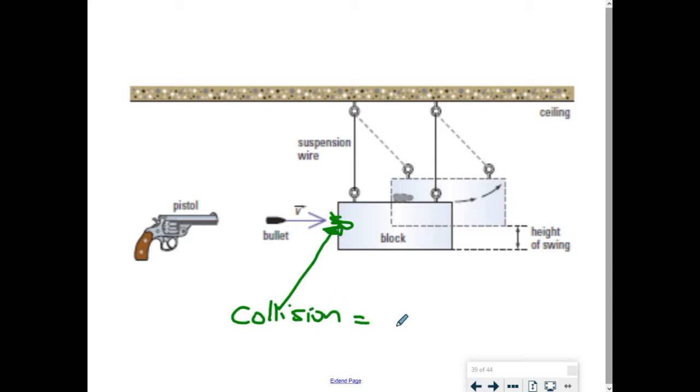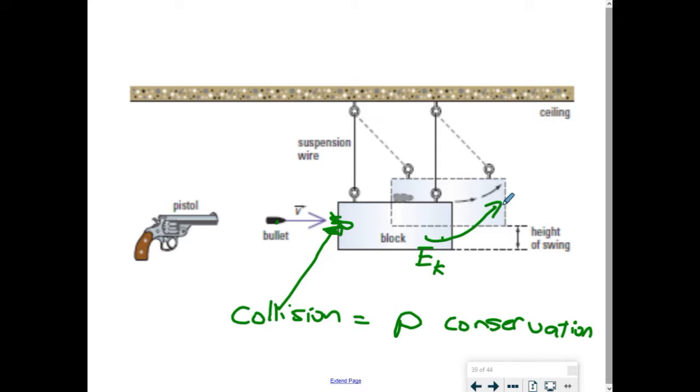Which means we can try to use momentum conservation, assuming it's an isolated system. Is it actually going to be an isolated system? Probably not. But in an ideal world, all of the momentum of the bullet should hopefully travel into the block as well. We can also make a calculation based on the block itself. See how the block is going to swing upwards? It has some kinetic energy at this moment while it's in its lower state.